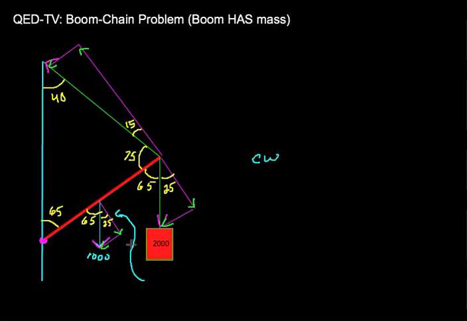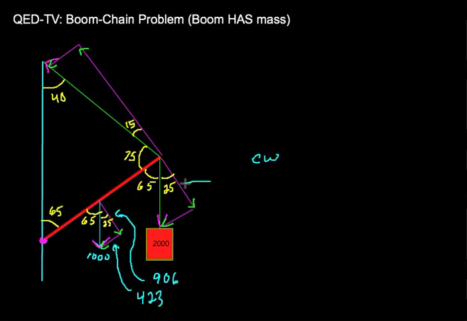That's the adjacent one there. So that would be 1,000 times the cosine of 25, and if you do that, it would be 906 newtons. This side right here would be 1,000 times the sine of 25, and that will be 423. You should check these for me.